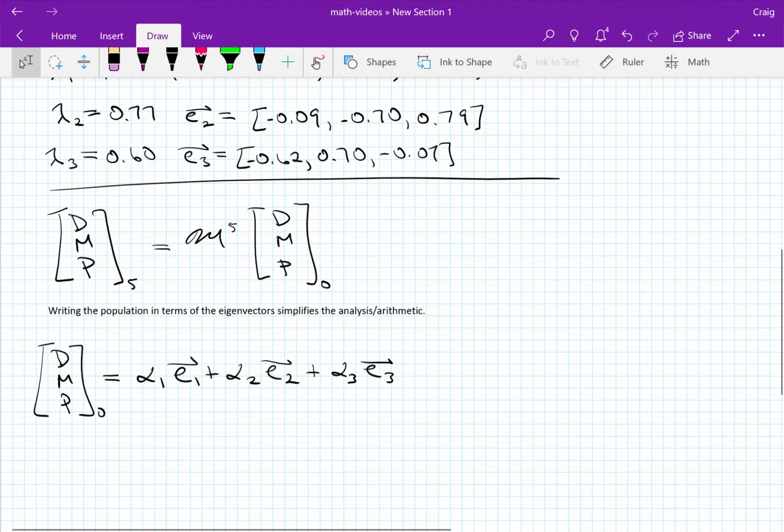Let's see what happens now when I multiply this on the left with the Markov matrix to advance it to the next year.